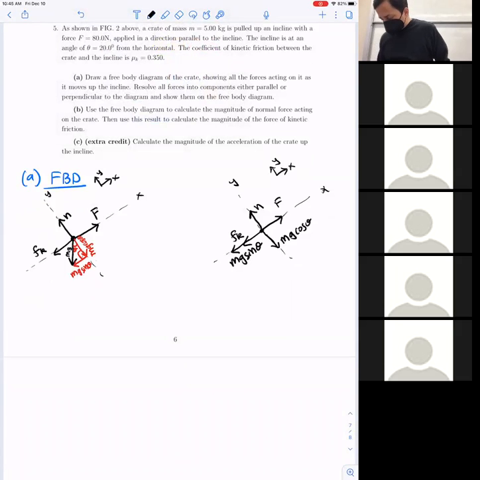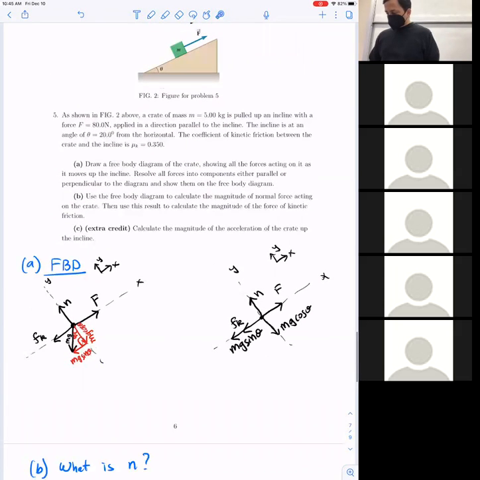So let's do part B real quick. What is the normal force? Well, now that you have this diagram here, it's real simple. I will use Newton's second law. Newton's second law says that the sum of the forces along the y-axis must add up to 0 because there is no acceleration in this direction.